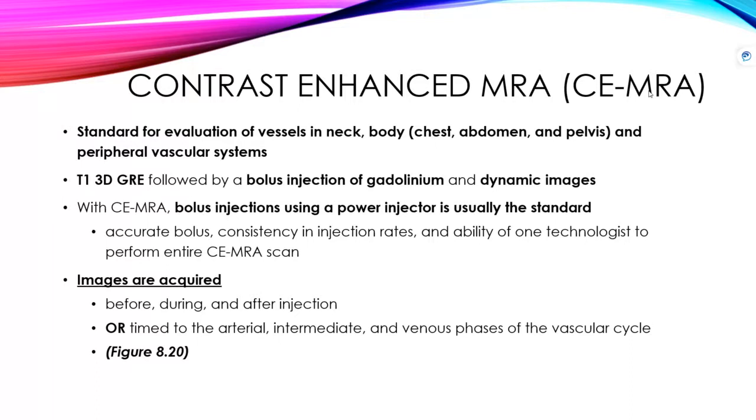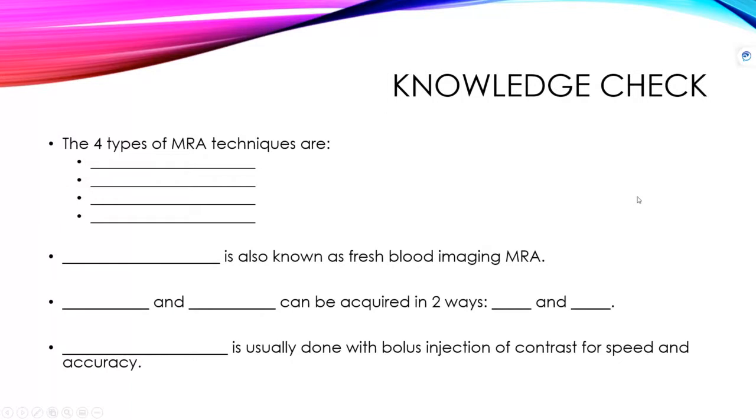If you have time to read that green box on page 287, that says parameters and options for CE-MRA, I recommend you read it. I don't necessarily expect you to memorize all of it, but definitely read it. If you turn to page 289 on figure 8.21, look at the subtracted versus non-subtracted MIP images.